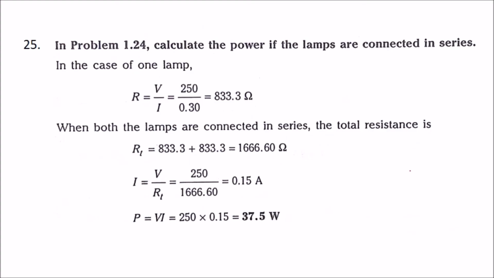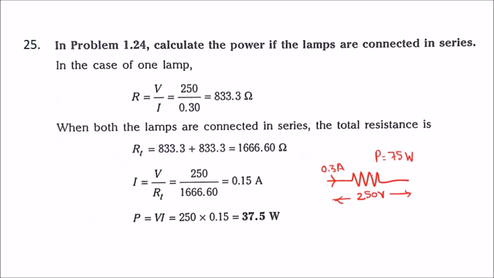The same problem, this is the 25th problem. Calculate the power if the lamps are connected in series. I'll indicate the lamps as resistors. This is one lamp. The current is given as 0.3 amps, so the voltage across it is equal to 250, and the power is 75 watts.